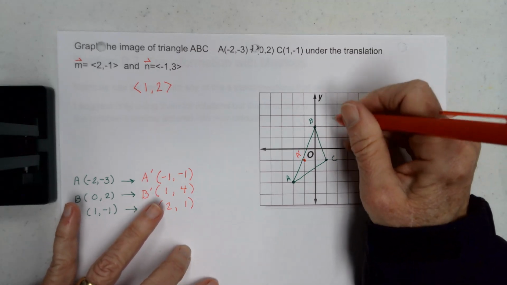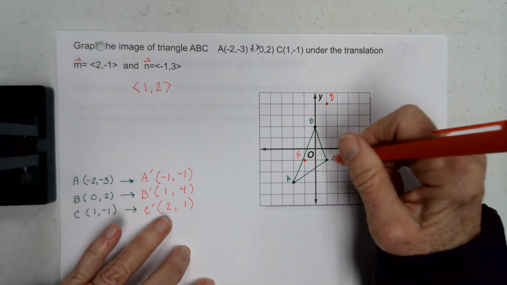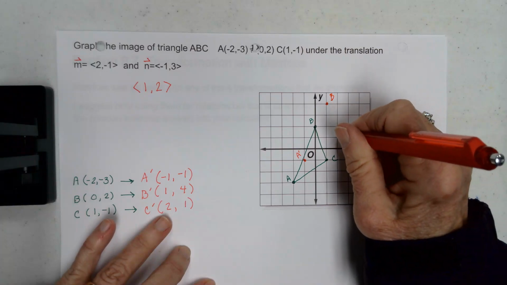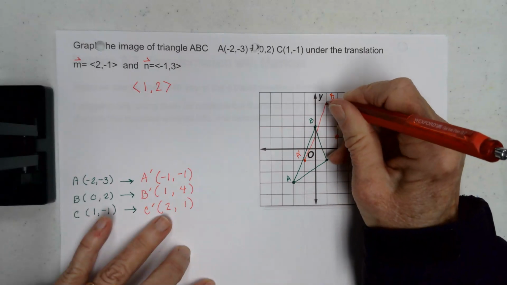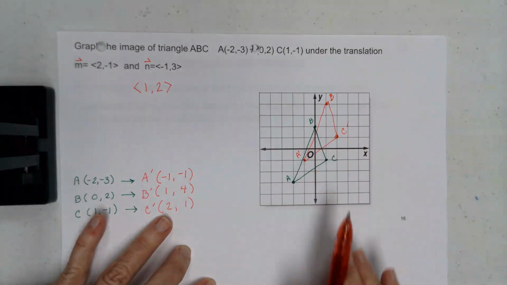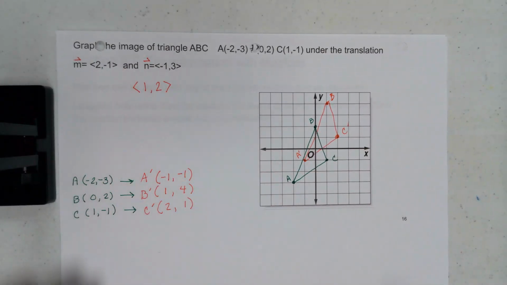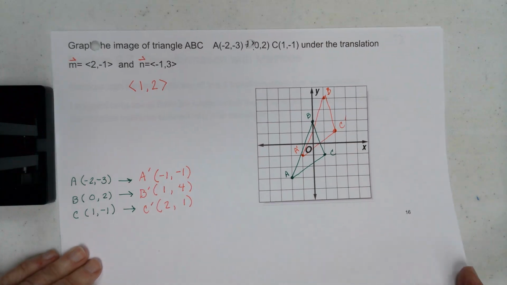I have 1, 4, which is my B prime. And I have 2, 1, which is my C prime. So you can see that I translated this, or moved it, based on those two vectors, which meant I added 1 to the x and 2 to the y.